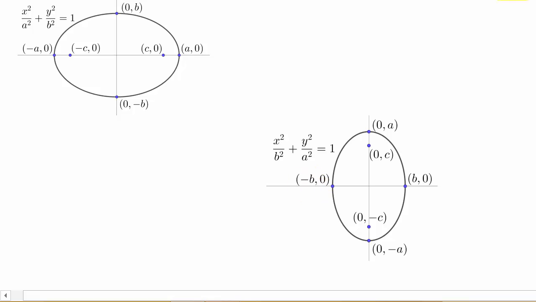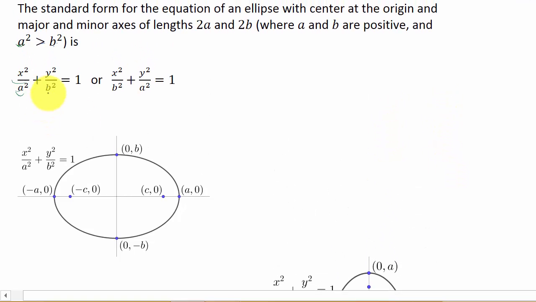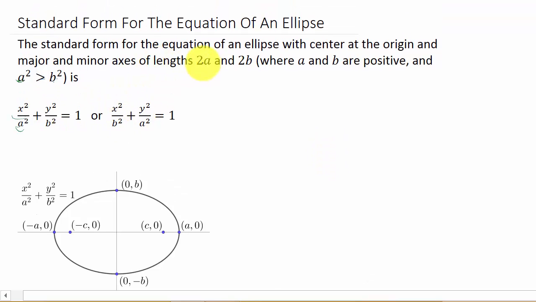Alright, so let's look at this example. Notice these are the equations here. But notice it says with center at the origin. That's when the center is at 0, 0. Okay? But if we have an ellipse that's not at the center, the equation's going to look a little different. It's going to look like this.